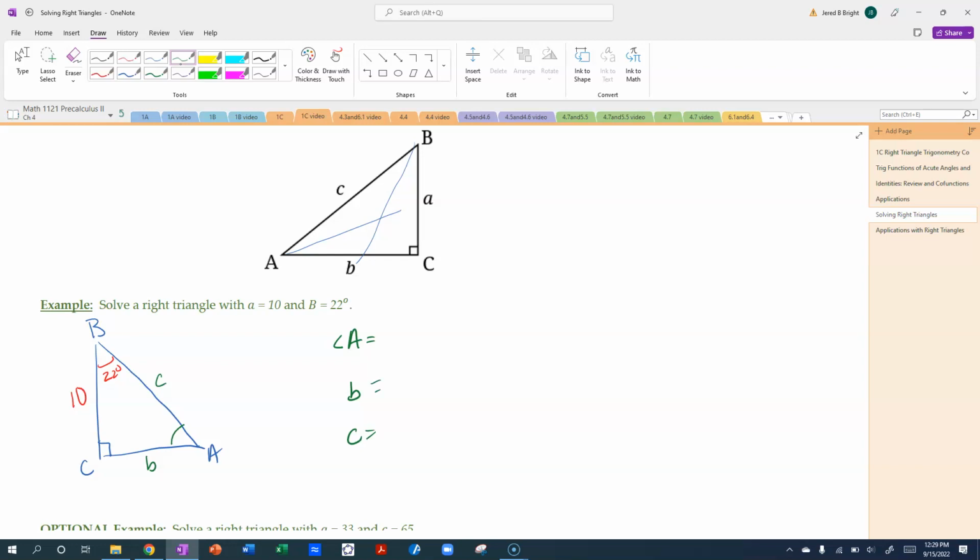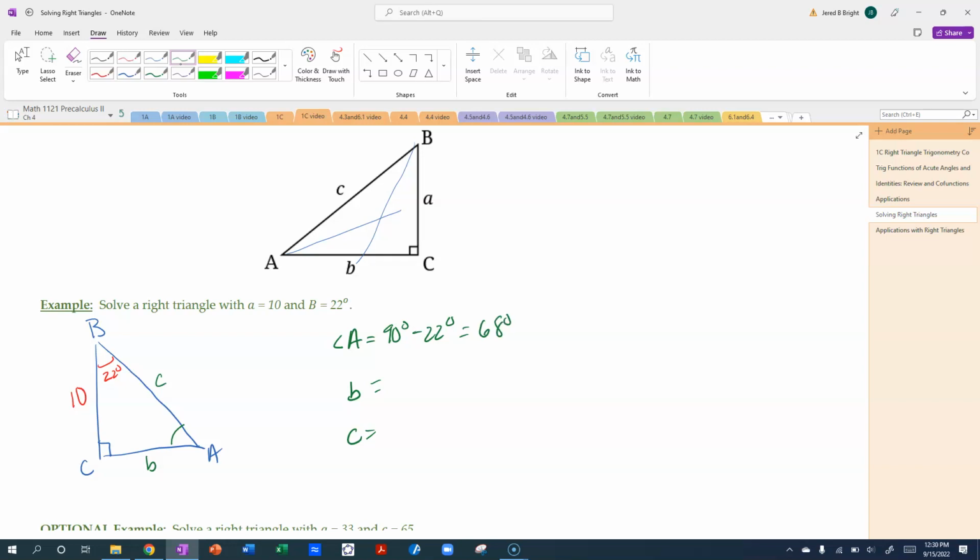All right, angle A is going to be found by doing 90 degrees minus 22, because again, B and A are complementary. So if you do this, you get 68 degrees.